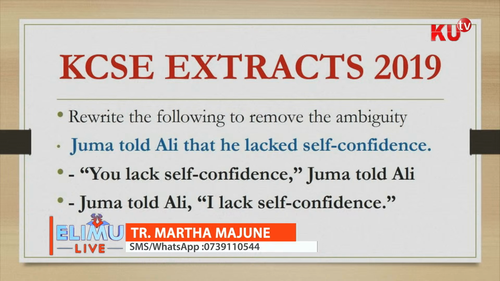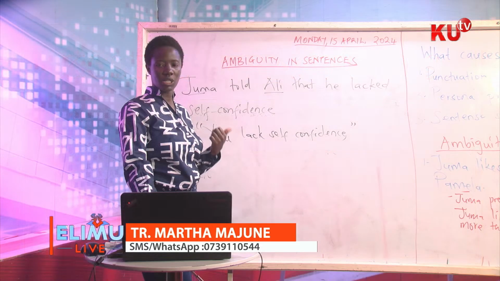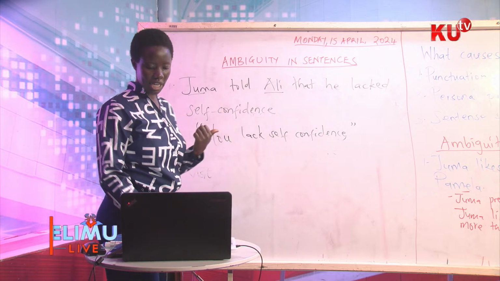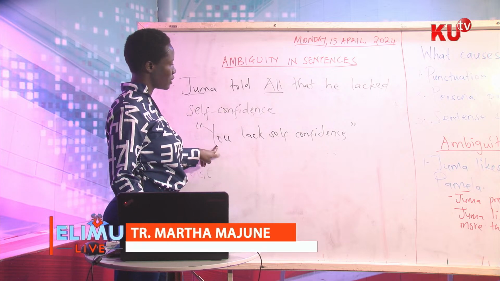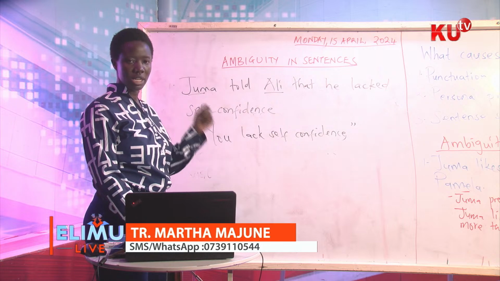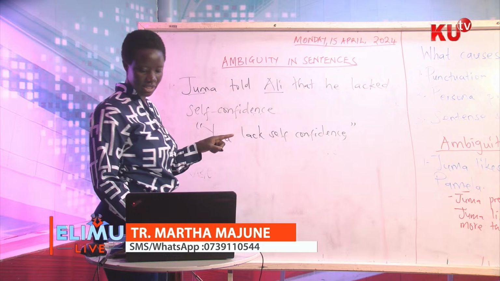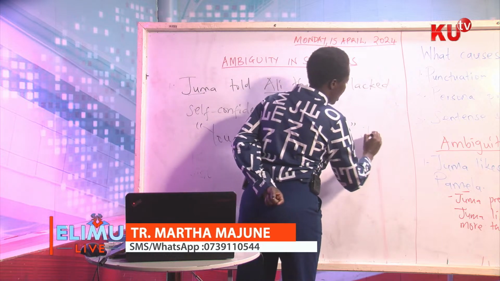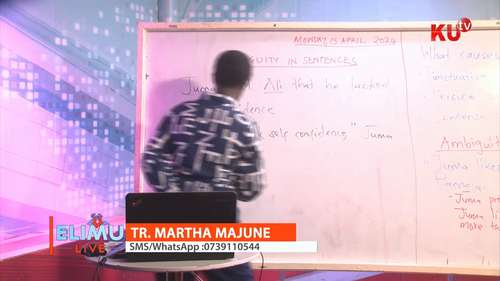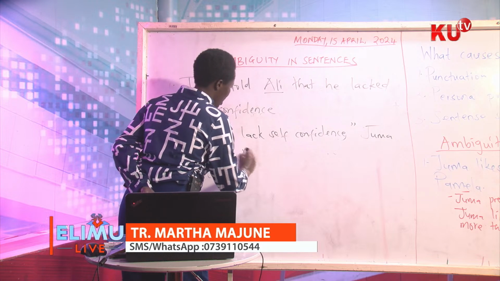You lack self-confidence. So when you are writing a direct speech, once you open the speech marks, the first letter must start with a capital letter, because these are words that are coming from someone's mouth. You lack self-confidence, Juma told Ali.